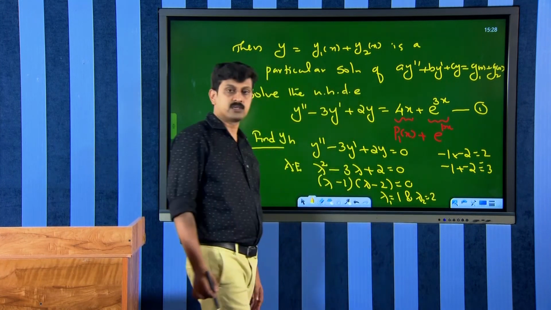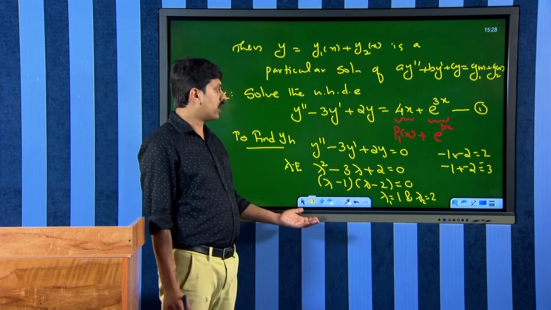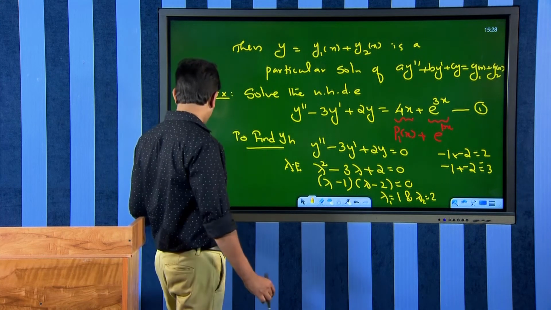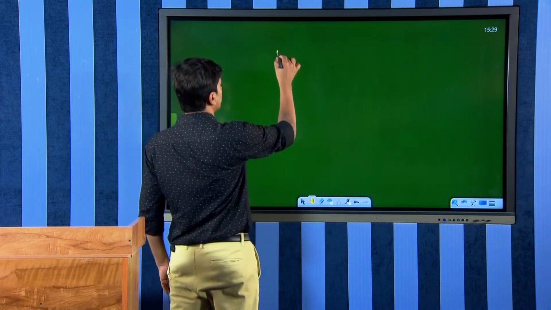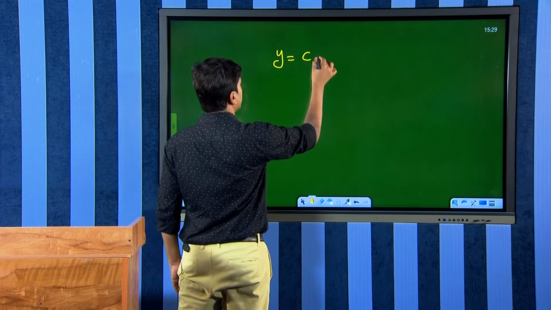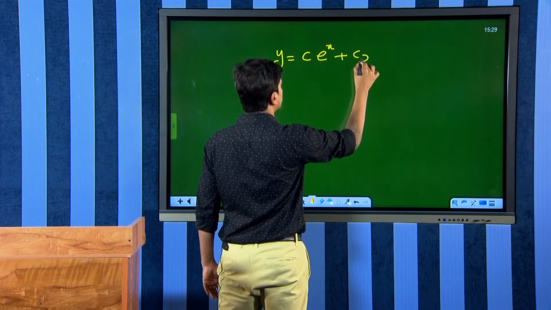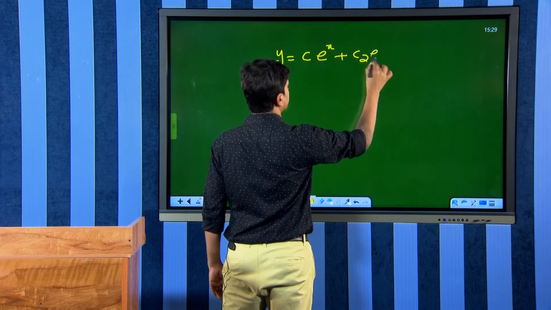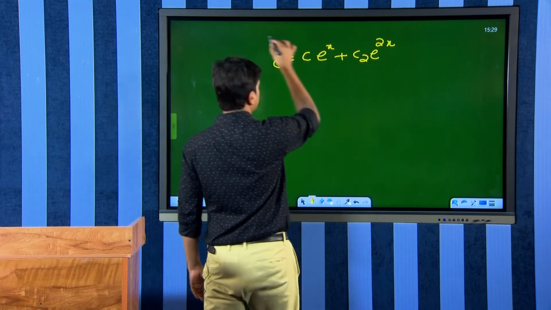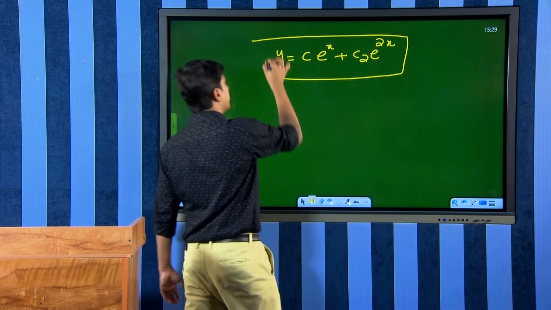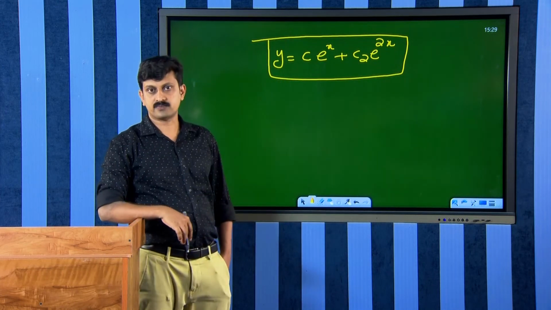So the solution of the homogeneous part is y is equal to C1 e raised to x plus C2 e raised to 2x. That is YH.